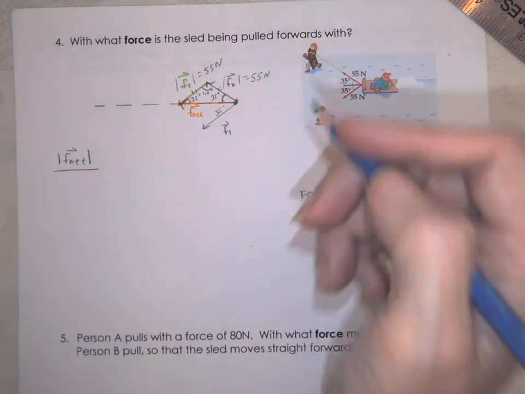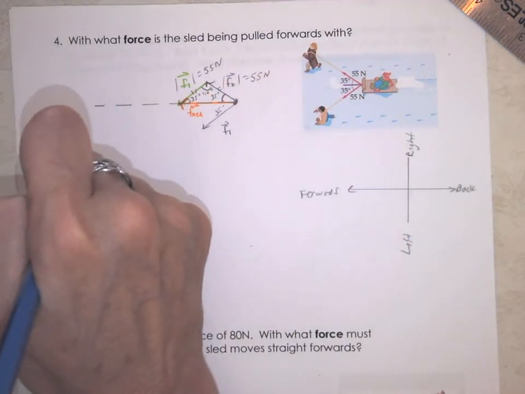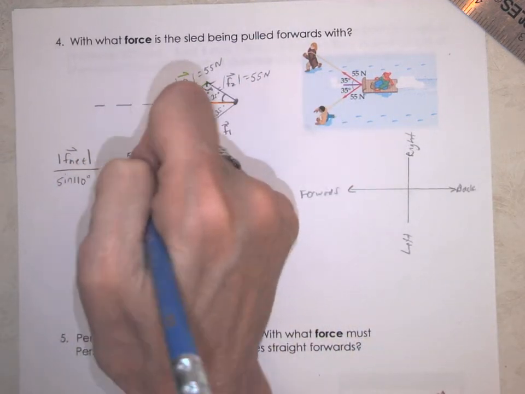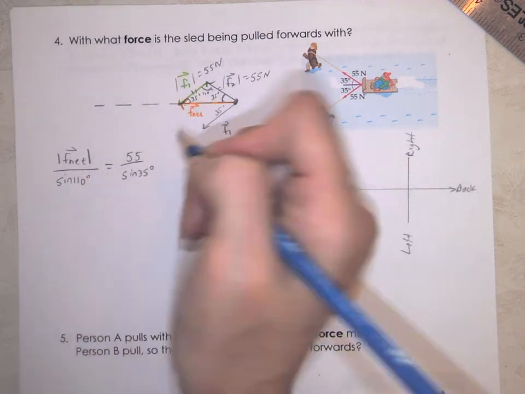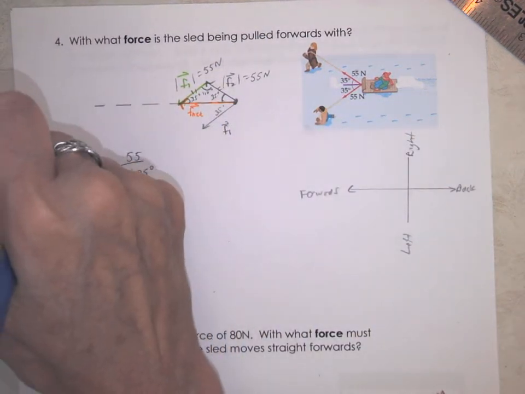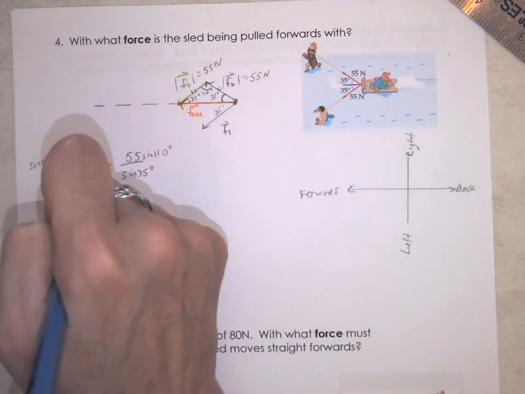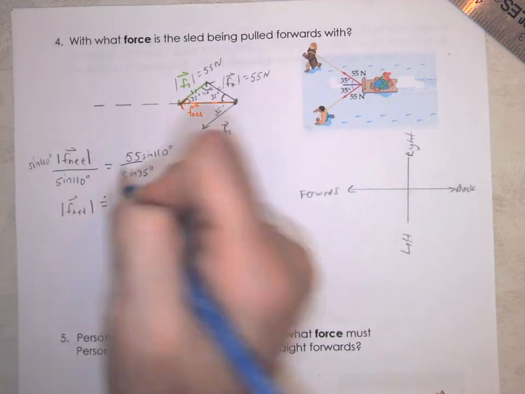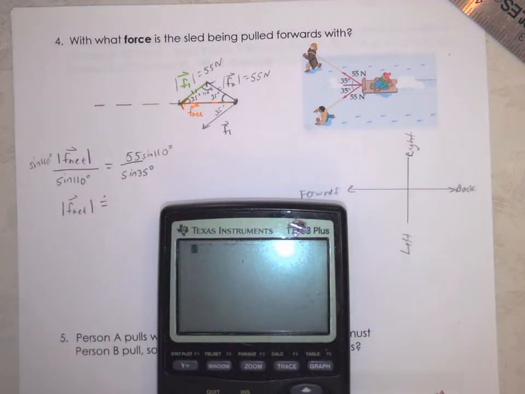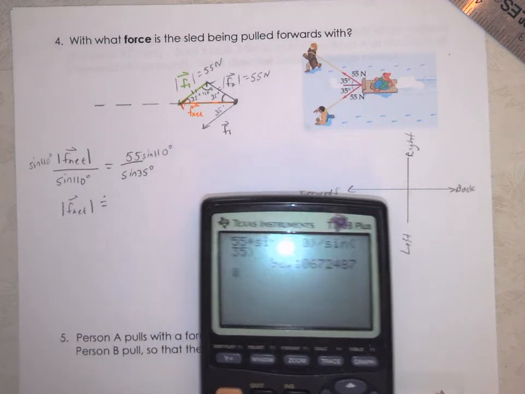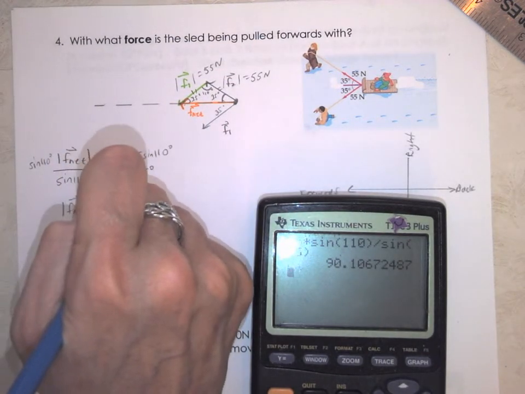So the magnitude of F net over the sine of 110 degrees is equal to 55 over the sine of 35 degrees. So multiply both sides by sine 110, and the magnitude of F net is going to be 55 times the sine of 110 degrees divided by the sine of 35 degrees, 90.1 newtons.